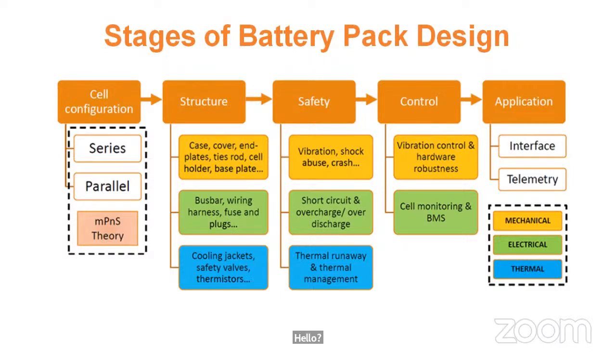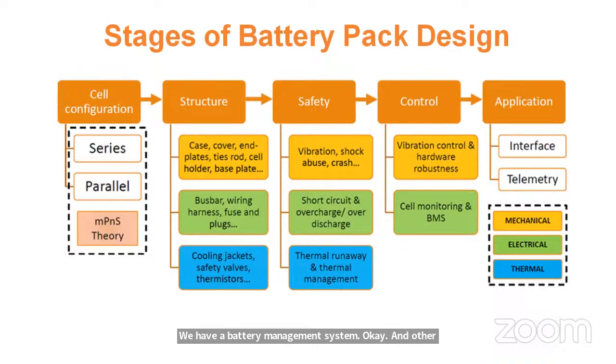Then control. So what in control? Whenever I talk about battery pack control, then vibration control and hardware robustness should be there. Vibration we already spoke about. What is hardware robustness? In a battery pack, apart from the cells, we have the harness, and apart from the cell harness, we have the bus bar, and apart from the cell harness and bus bar, we have a battery management system, and other electronic components.